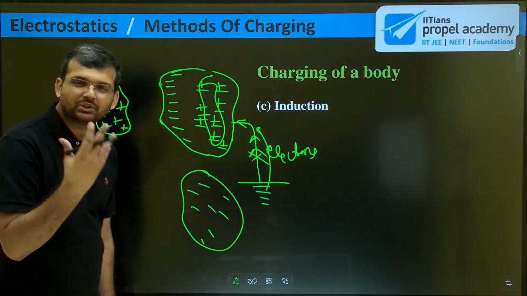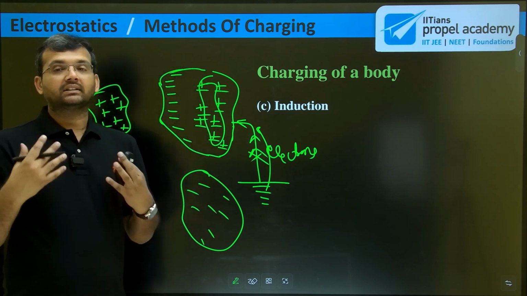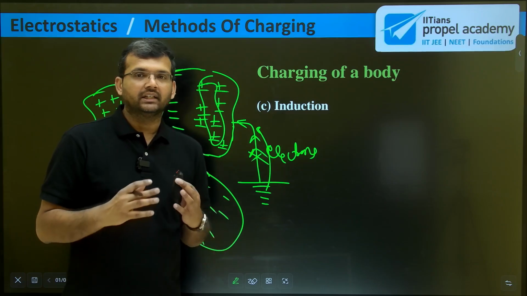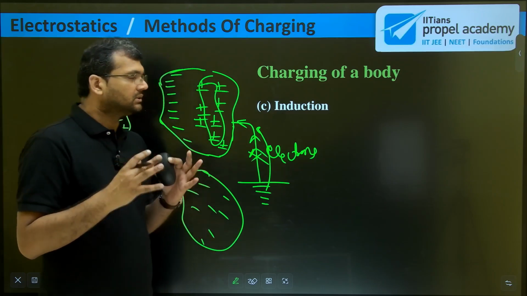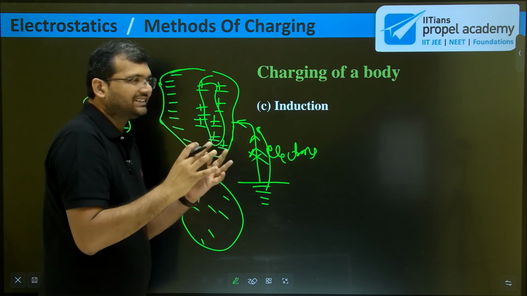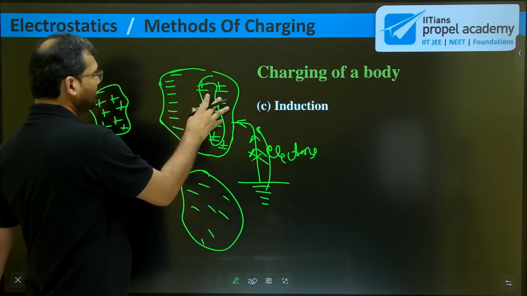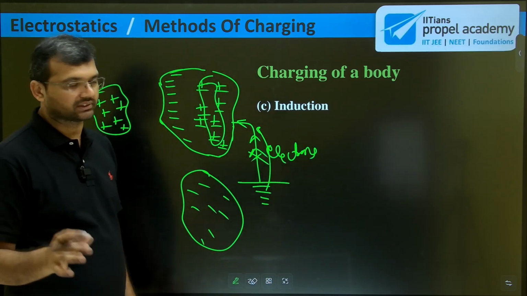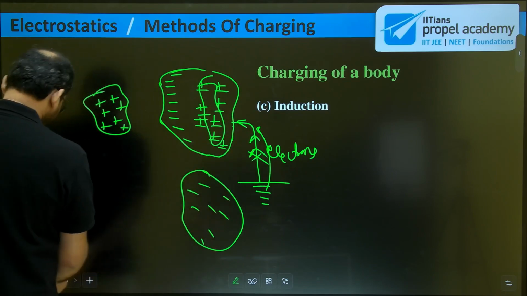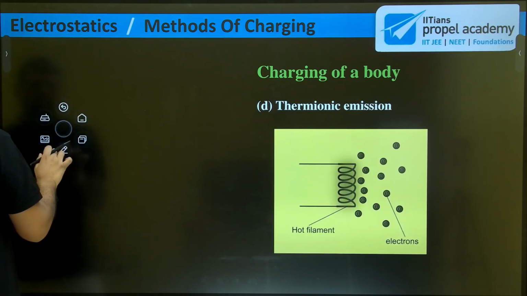Why should they distribute? Why can't they stay in one place, you may ask? Because electrons repel electrons, they quarrel with each other always. So, immediately they will not be in one region, they will move into all different regions because of atomic vibrations and so on, of course. So, this is the third method where you can charge a body.